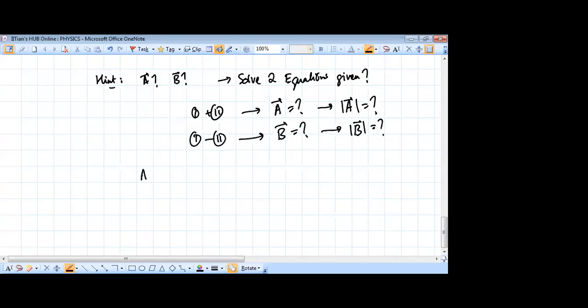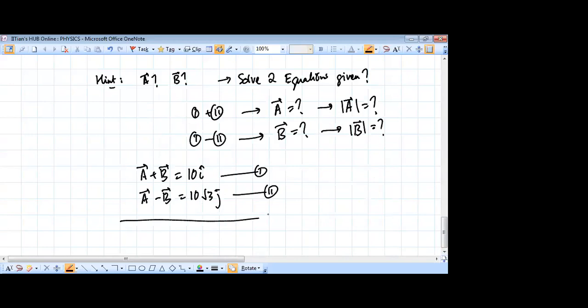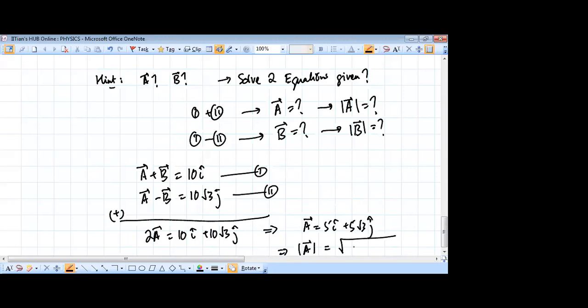Okay, so you have A plus B is equal to 10 i cap, and you have A minus B is equal to 10 root 3 j cap. Equation 1, equation 2. So if we just add these two equations, you will have 2A is equal to 10 i cap plus 10 root 3 j cap. So vector A is 5 i cap plus 5 root 3 j cap. So magnitude of vector A becomes square root of 25 plus 75, so that is 10.